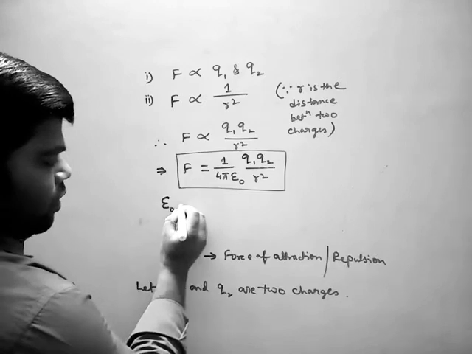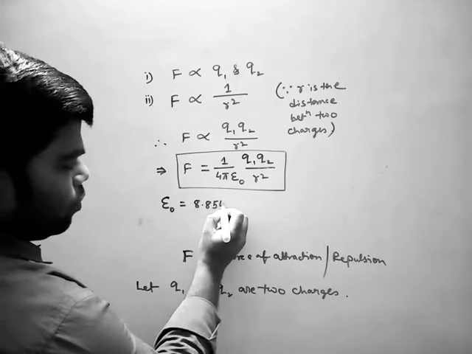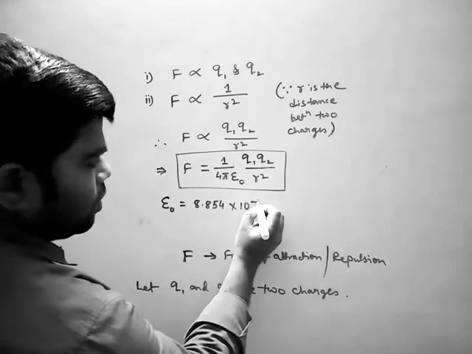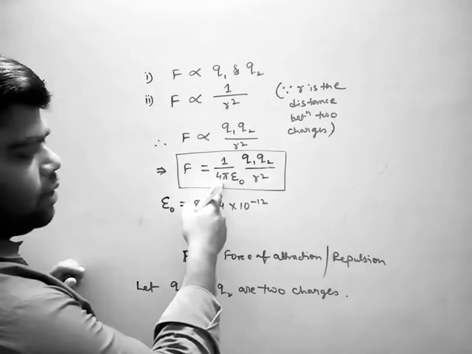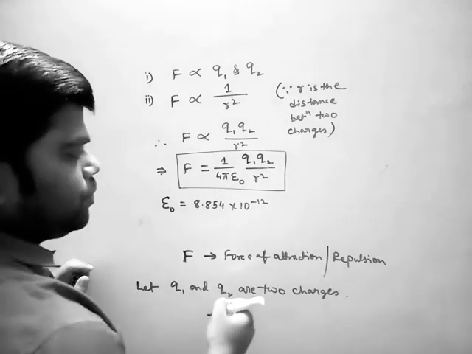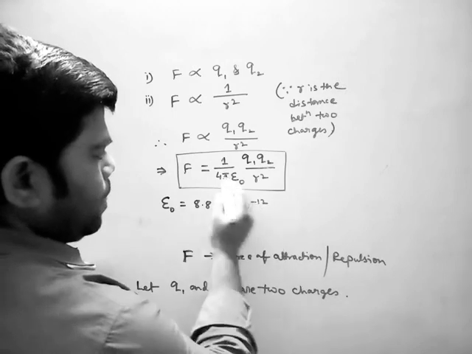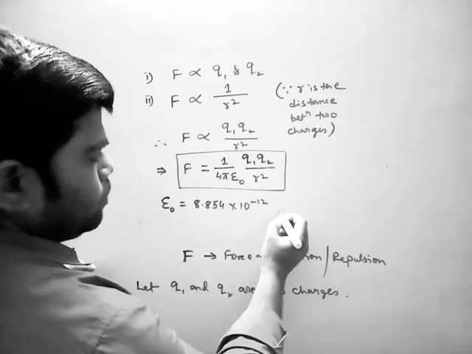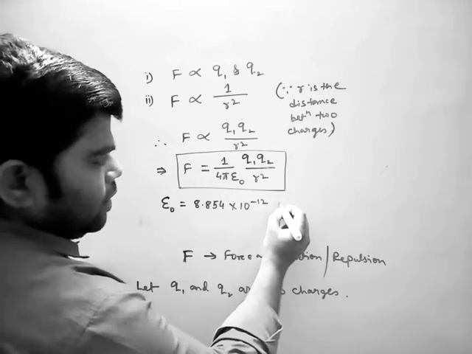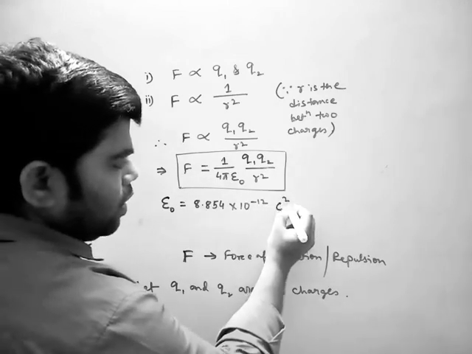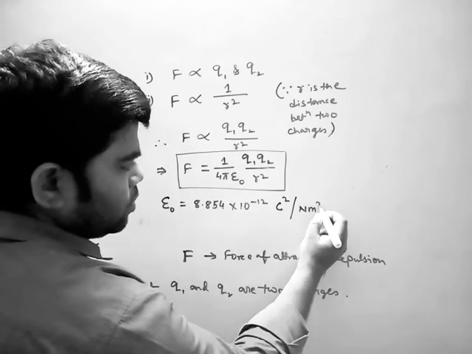The value of epsilon naught is 8.854 into 10 to the power minus 12. Is it right? Its unit is Coulomb square per Newton meter square.